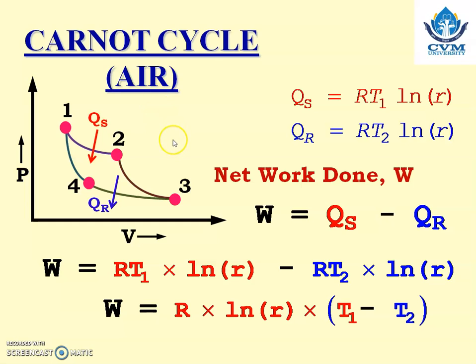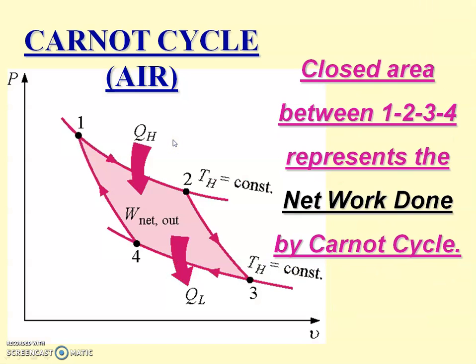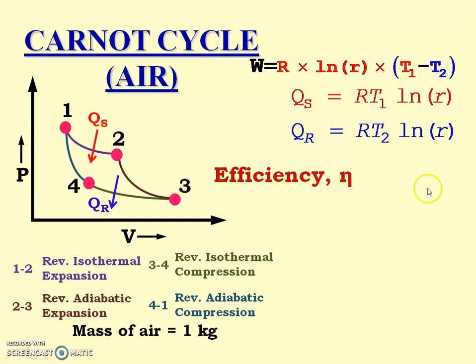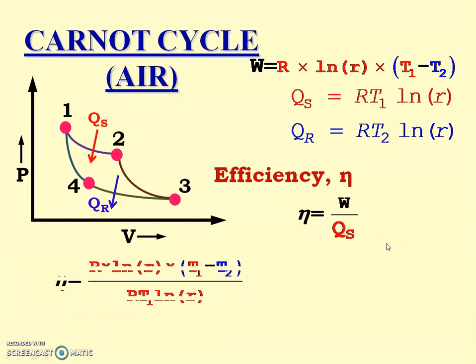In the next, we have to derive the equation of efficiency of Carnot cycle, that is Carnot Air Cycle. Now what is the equation of efficiency? That already we have studied in the fundamental. Yes, that was the work done divided by heat supplied. So work done equation we have already derived, R into ln R into T1 minus T2, and heat supplied is RT1 ln R. So putting that value, now which terms can be cancelled?